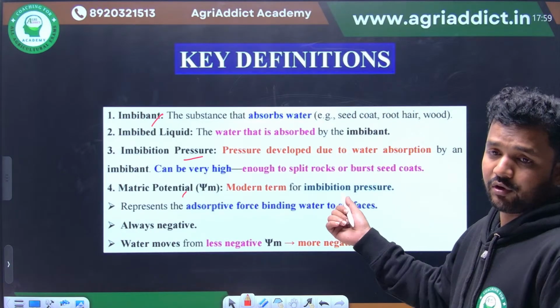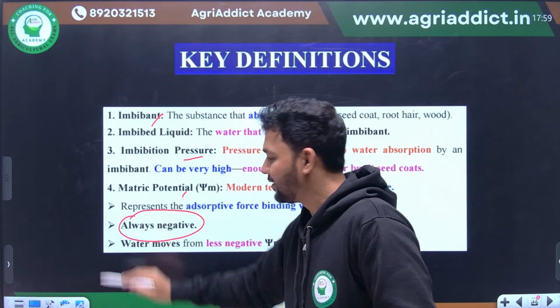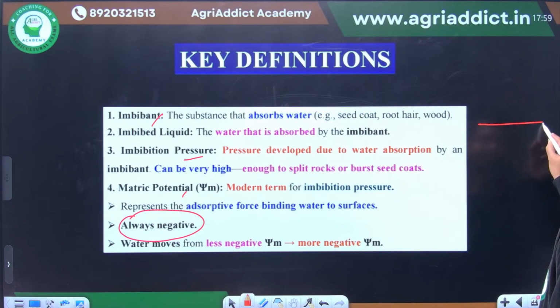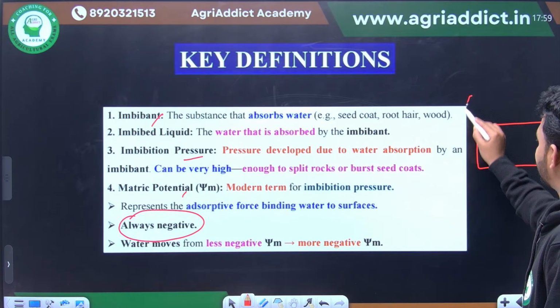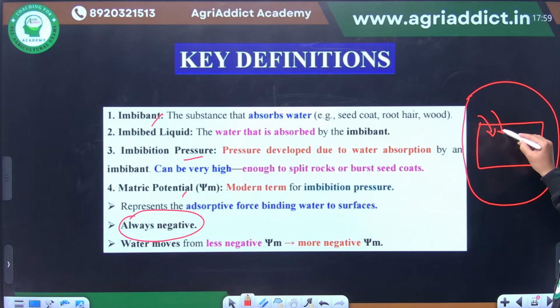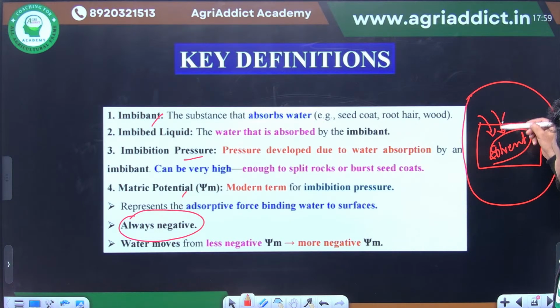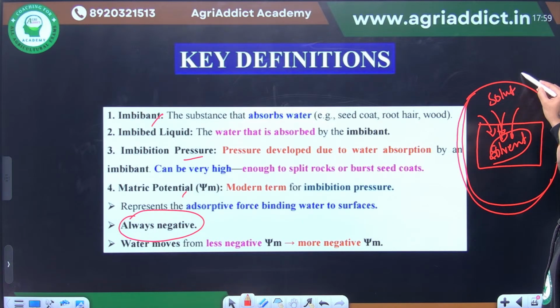And matric potential is always negative. Why always negative? See, this is a substance in a system. It will absorb some free water. Only solvent it will absorb, right? Only solvent, no solute. So if it absorbs the solvent, then in the system the solute concentration will increase and water will decrease.